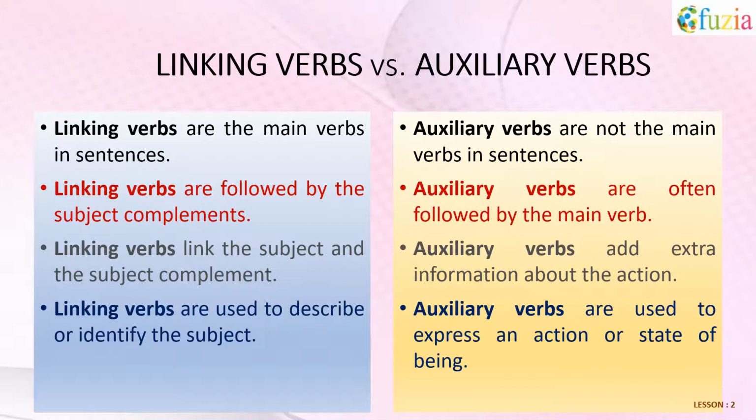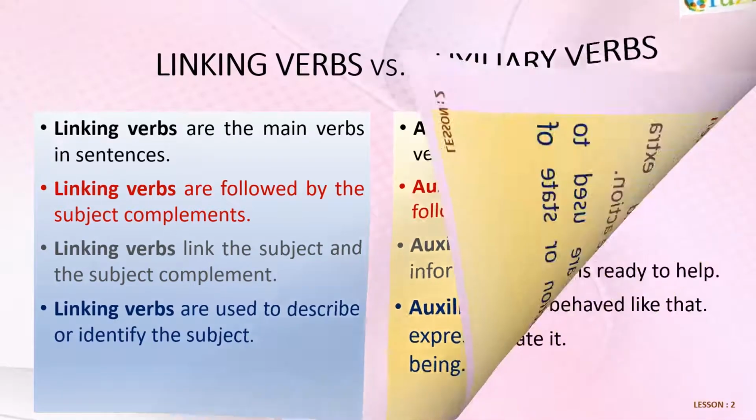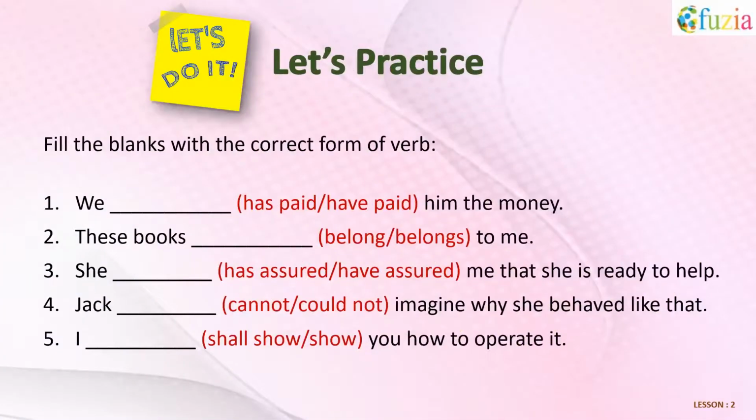So, now we'll practice verbs. Let us see the first sentence. We dash. Now we have two options. Has paid or have paid him the money. These books belong or belongs to me.